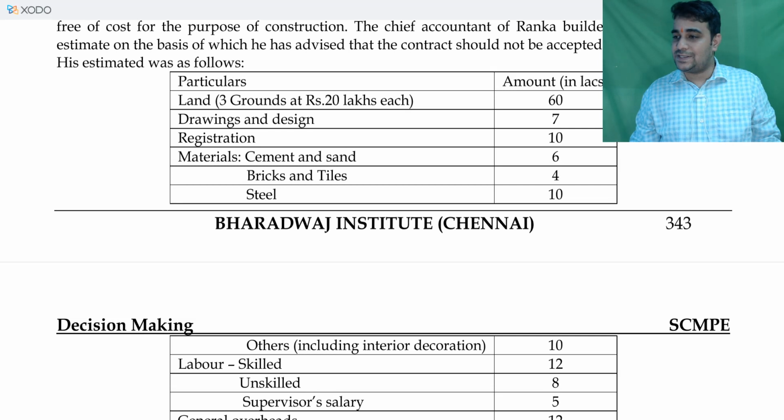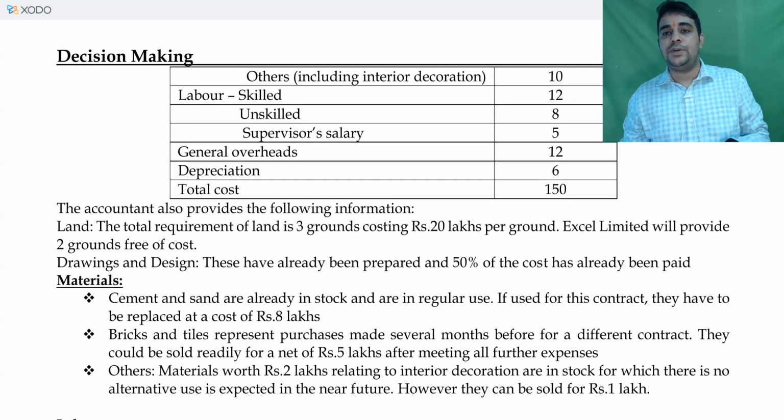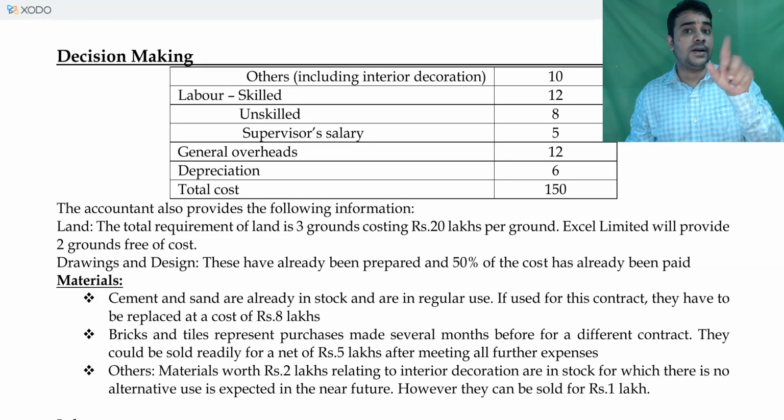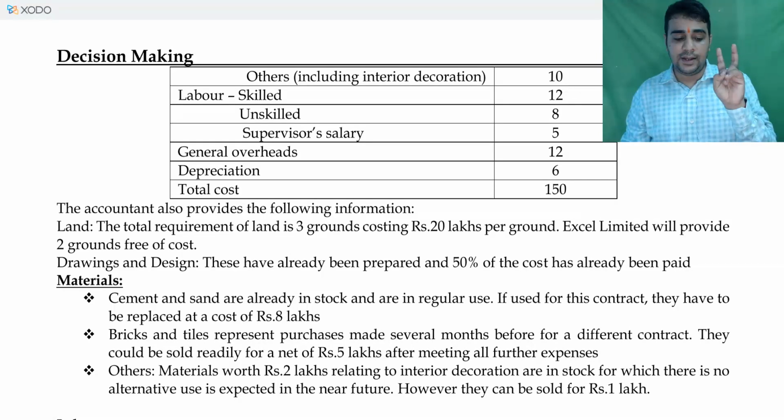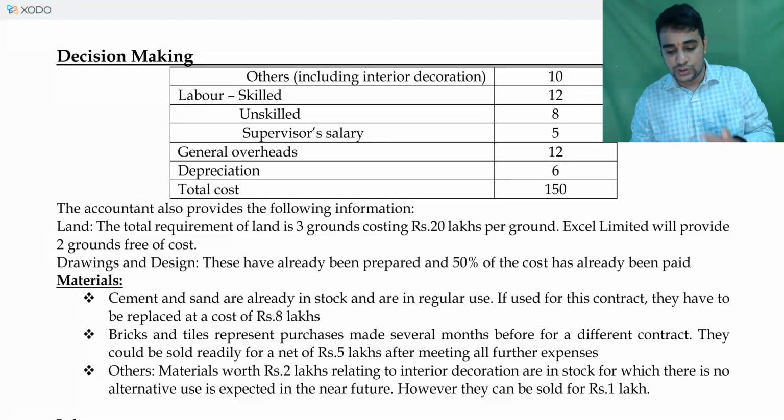The others was 10 lakh. In that, I am splitting interior decoration and others. Material worth 2 lakhs relating to interior decoration is in stock, for which there is no alternative use. It could be sold for 1 lakh.